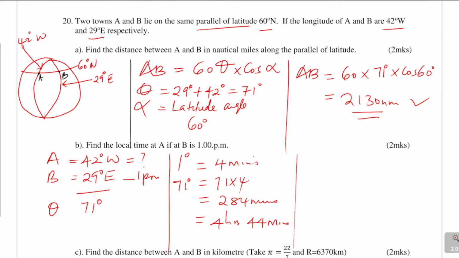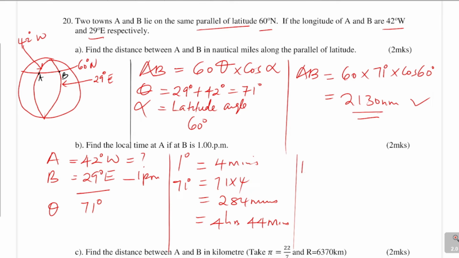After knowing that, now that is the difference in time between A and B. So which one is ahead of time? Places that are to the east of the prime meridian are always ahead of time. Then places to the west are always behind of time. So for A, because A is to the west of B, it should be behind of time by 4 hours 44 minutes.